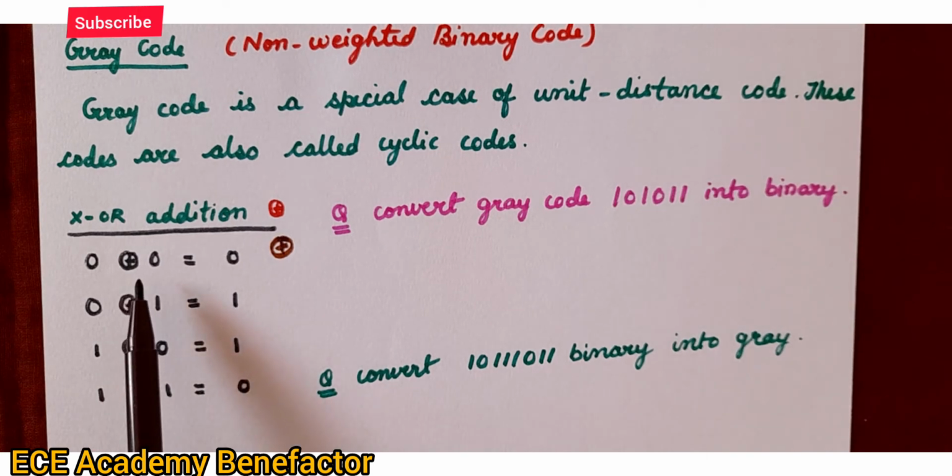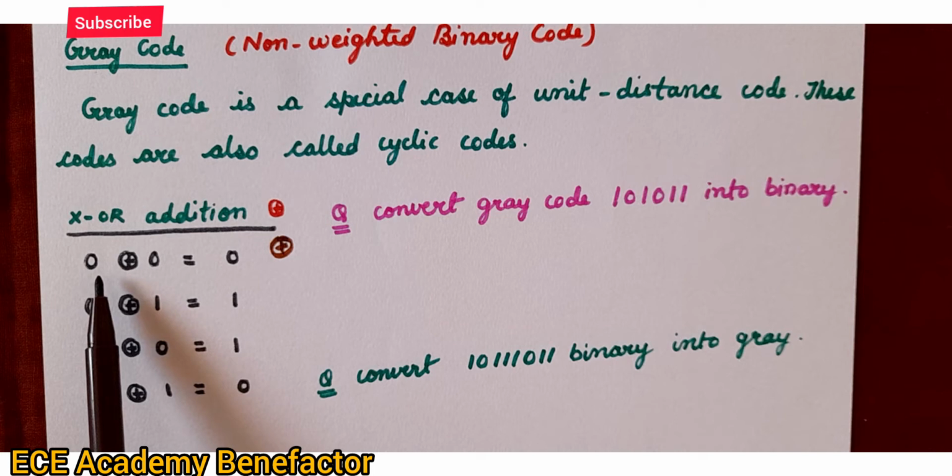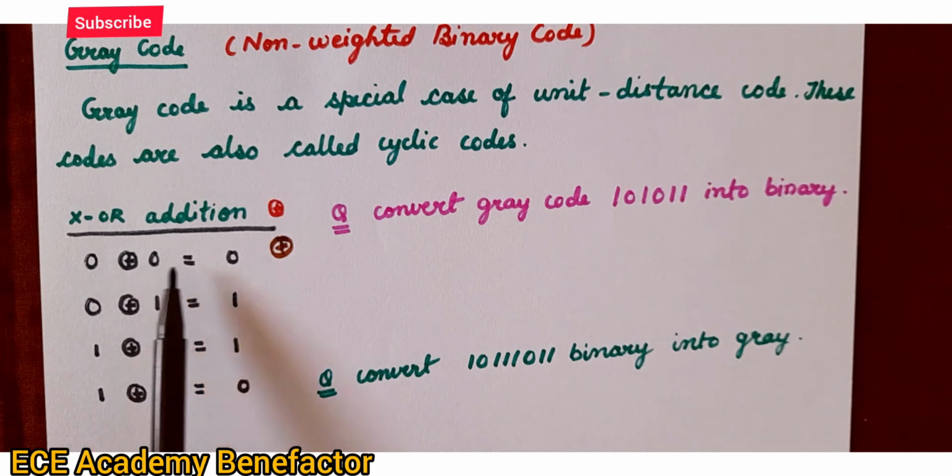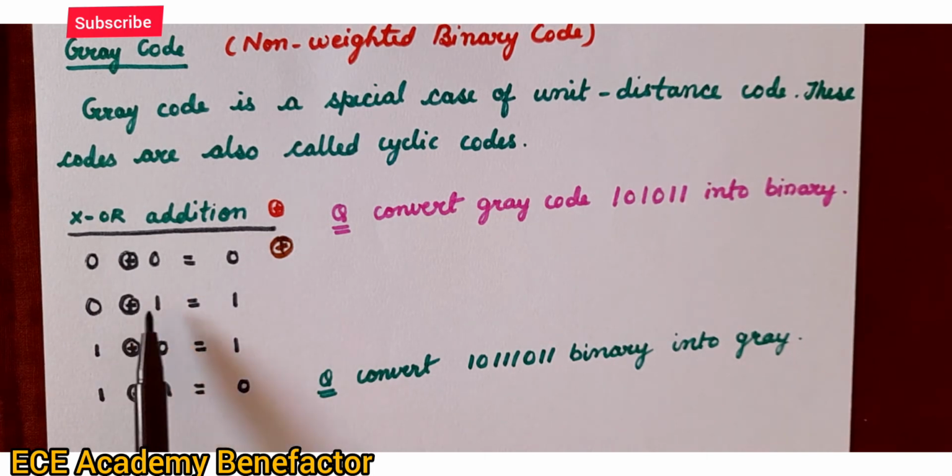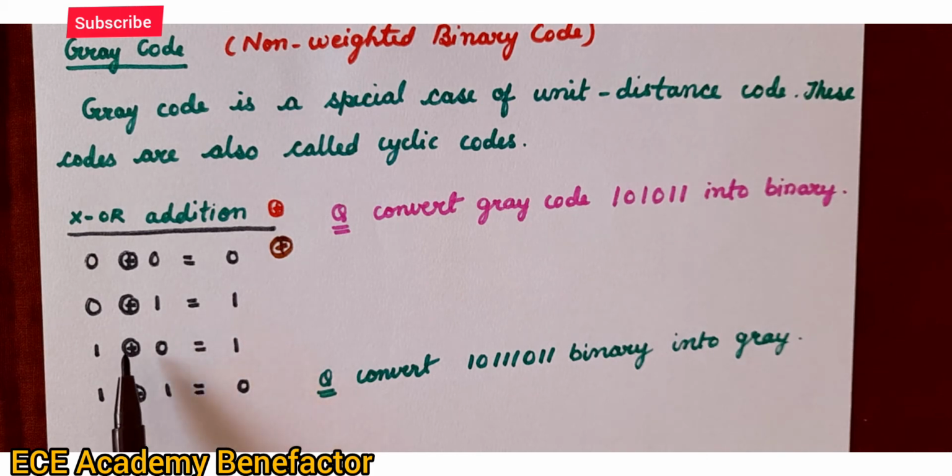So, this is XOR addition to be performed. What is XOR addition? 0 XOR 0 is 0, 0 XOR 1 is 1, 1 XOR 0 is 1, 1 XOR 1 is 0. Okay. So, this XOR addition you have to remember for converting binary to Gray and Gray to binary conversion.